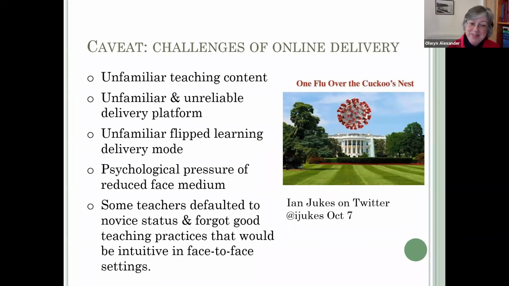An unfamiliar flipped learning delivery mode, which, although we have a week of induction, we didn't really have enough time to explain exactly what that meant and what you should do. And I was struck by Paula Villegas's talk using Bloom's taxonomy, just to say, this is what flipped learning is. That's such a nice idea, which I hadn't thought about.